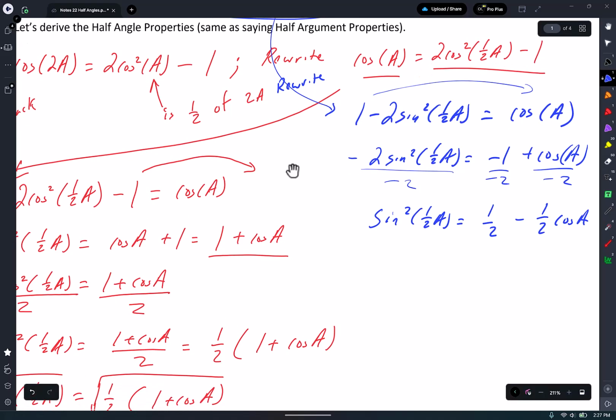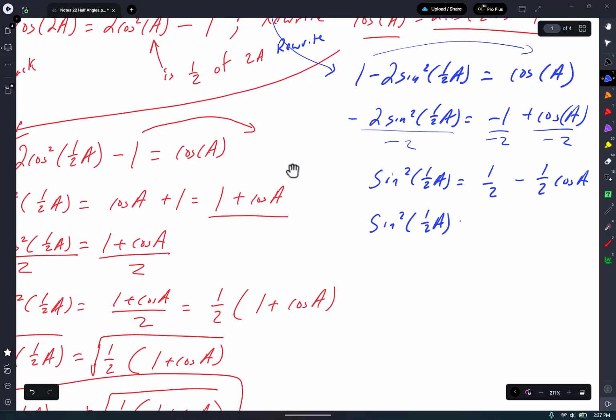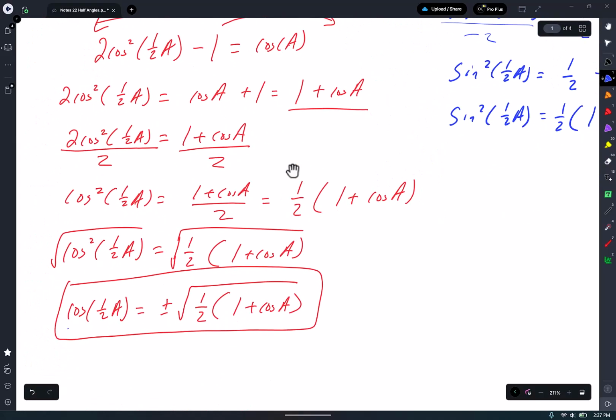What am I going to factor out on the right-hand side? Yeah, just the same thing that I did over here. What did I factor out over here on that one? 1/2. So I'm going to factor out a half, and 1 minus cosine a. So I think it makes it a little easier to memorize. The cosine keeps the sign. So see, it's a plus with a cosine.